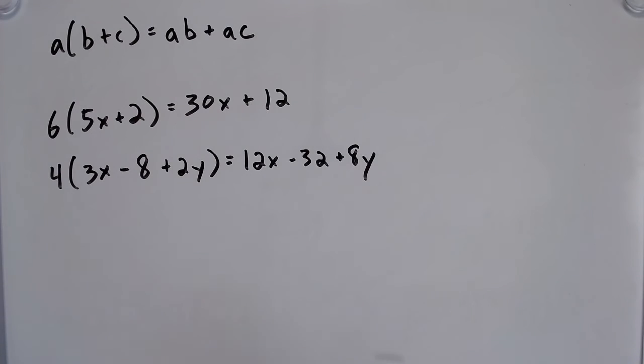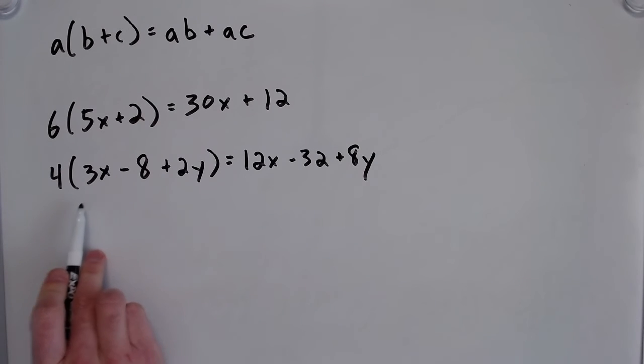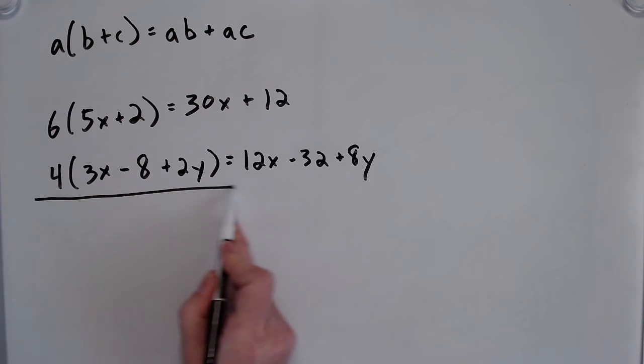So we're just distributing the 4 amongst the items within the parentheses.